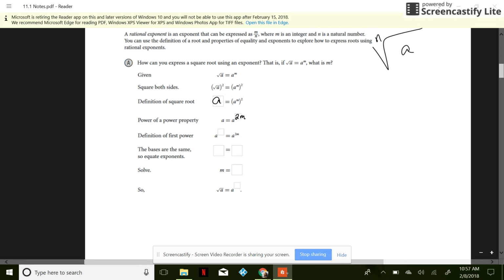The definition of the first power makes the right side a to the 1 power. Since the bases are the same, we can set the exponents equal to each other. So 1 is equal to 2m; divide by 2, m is equal to 1/2. So we can rewrite the square root of a as a to the 1/2 power.